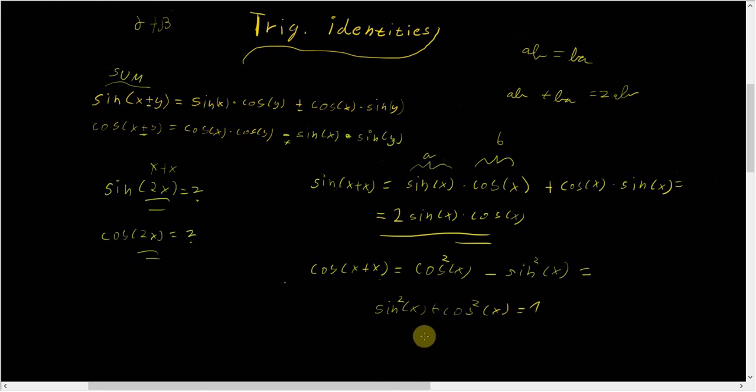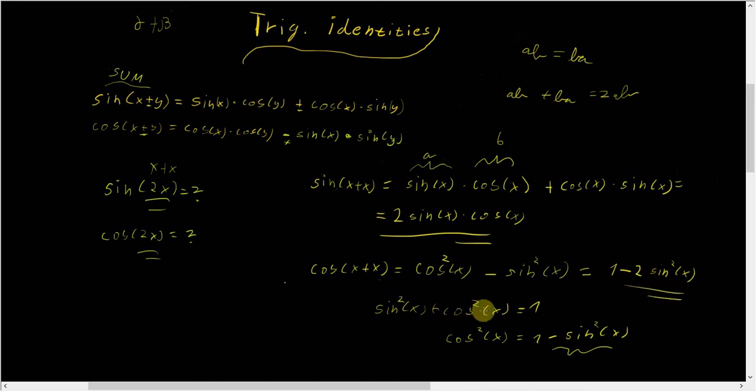Now what I can do here, I can find out what cosine squared of x is. So cosine squared of x equals 1 minus sine squared of x. So this can be rewritten as follows. 1 minus, well, we've got this expression once and twice, so 2 times sine squared of x.